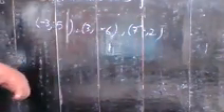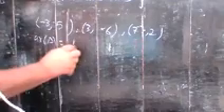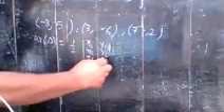Write it: area of triangle is equal to 1 by 2 determinant of x1, y1, 1; x2, y2, 1; x3, y3, 1.